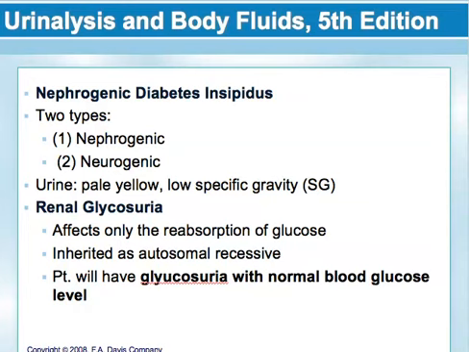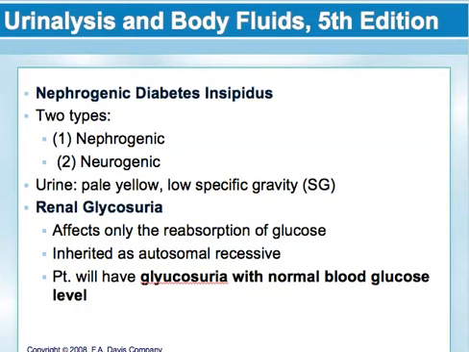Next is nephrogenic diabetes insipidus, in which the action of ADH, or antidiuretic hormone, is disrupted. So this happens in one of two ways. There are two forms of the disease.